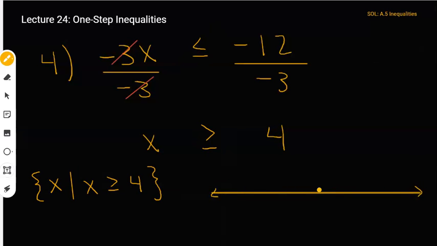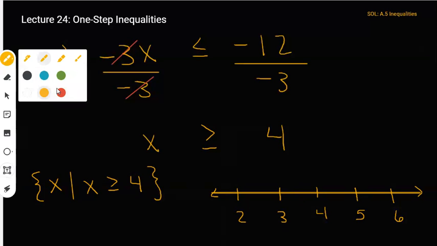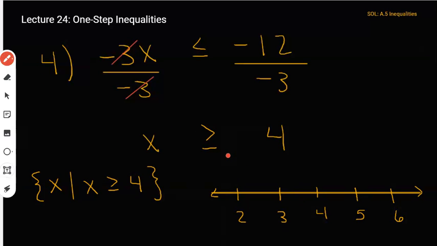I'm going to put the 4 in the middle. And then all the numbers that are less than 4, like 3 and 2, those are going to go to the left side. All the numbers that are greater than 4, like 5 and 6, are going to go on this side. Since I have a greater than or equal to symbol, I need a closed circle or a closed dot.